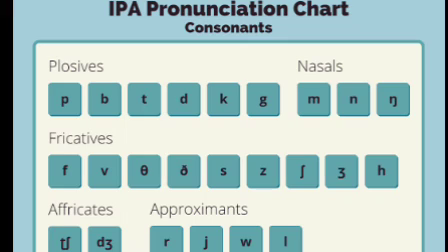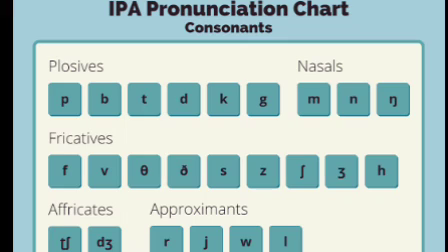We have the approximants, which are otherwise called semivowels because of their little constriction to the airflow coming from the lungs, and they include j, w, l. Do not forget that we also classify consonant sounds based on their manner of articulation and position of the glottis.